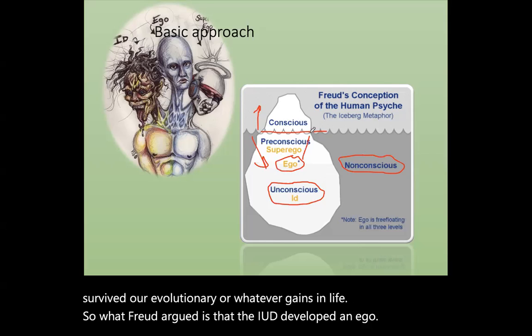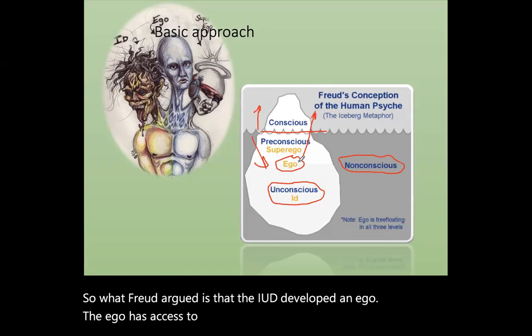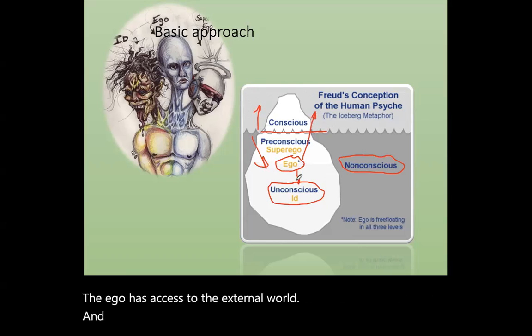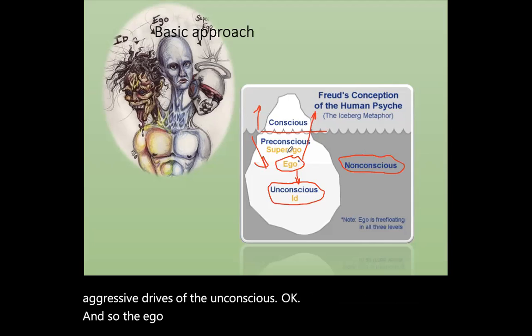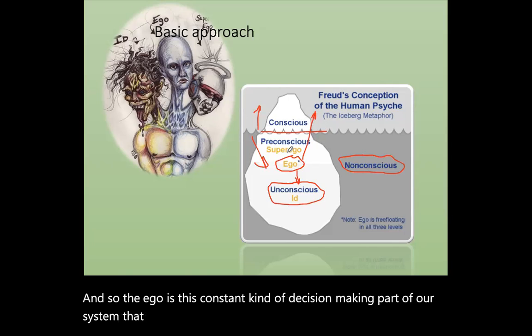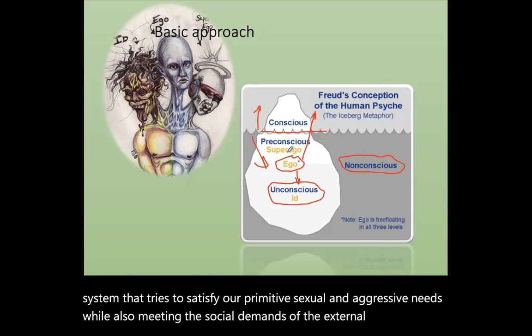The ego has access to the external world and has access to the needs of the unconscious, the sexual and aggressive drives of the unconscious, okay? And so the ego is this constant decision-making part of our system that tries to satisfy our primitive sexual and aggressive needs while also meeting the social demands of the external world, okay?